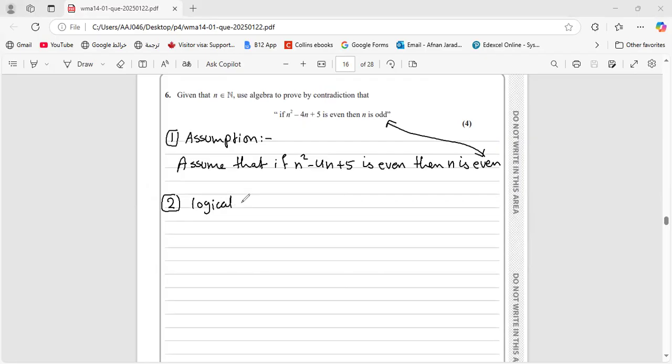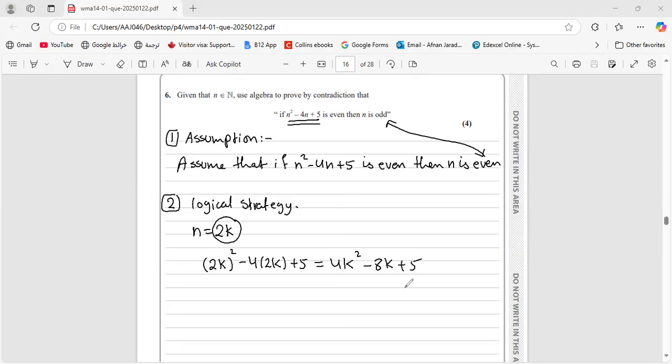The second step is to write a logical strategy. Logical strategy, so n is even. What is the form of even numbers, which is 2k, and to substitute 2k instead of n here. This one is the logical strategy. So it will be 2k squared minus 4 multiplied by 2k plus 5, which equals 4k squared minus 8k plus 5.